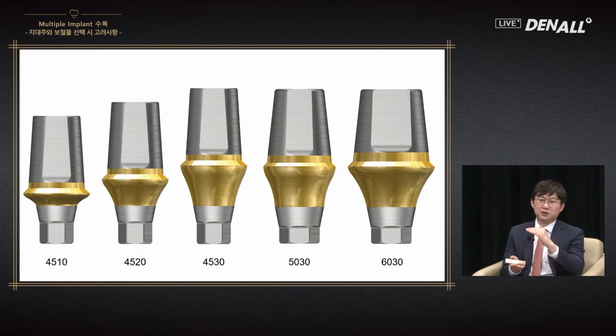The bigger the gingiva height, the profile will be slimmer. If an implant is placed at the proper depth, 4.0 diameter and 3.0 can be used, and 2.0 can be used, but we need to avoid 1.0 as much as possible.